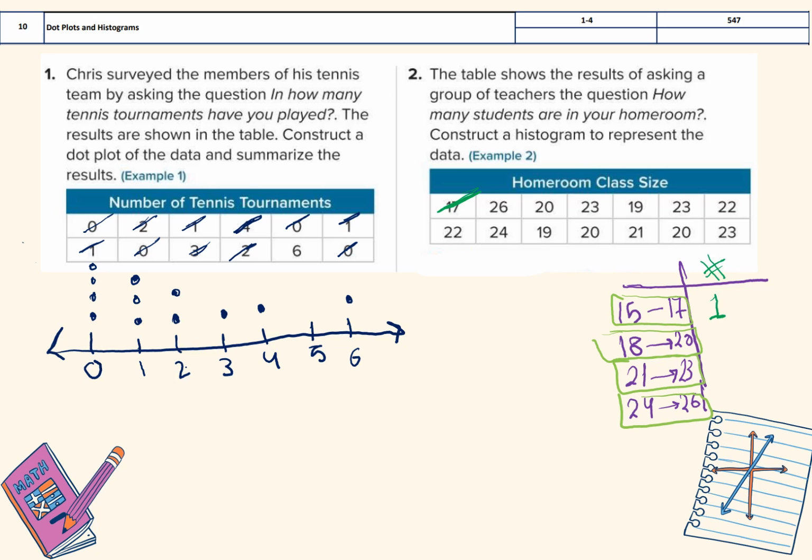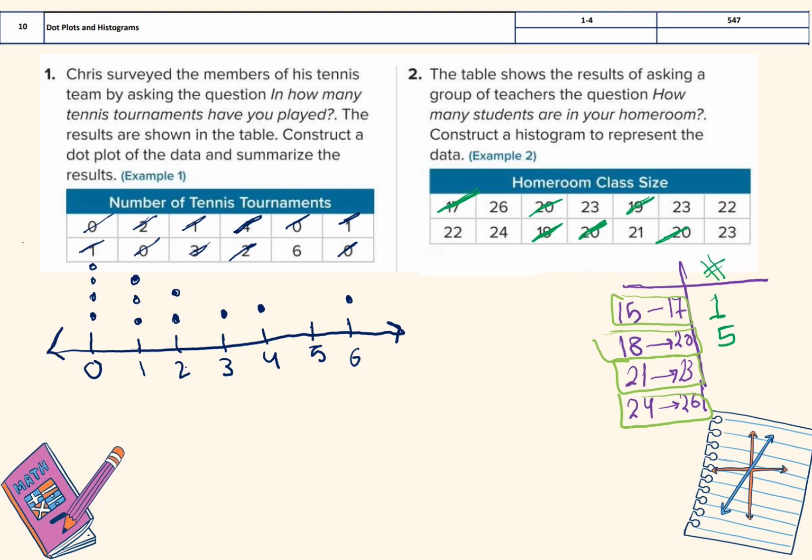From 18 till 20, we have 1, 2, 3, 4 numbers. Or I guess probably also we have that 20 here, so we have 5. Yeah, we need to be accurate, 5.